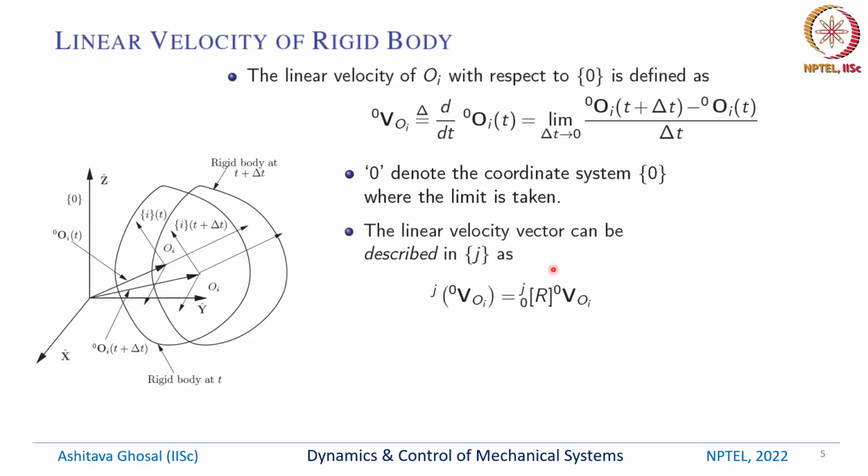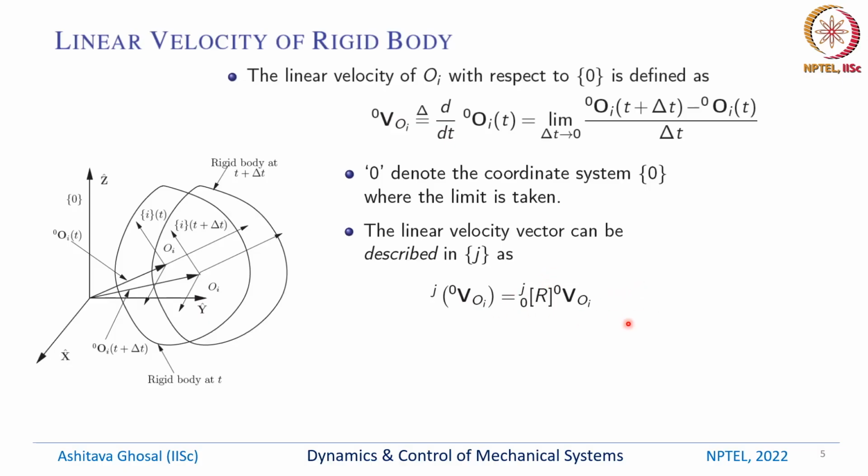The linear velocity vector can also be described in some other coordinate system. For example, if there was a j coordinate system, and I want to describe this linear velocity vector in that j coordinate system, then we can denote that vector as 0 v 0 I, but with respect to j, and what it means mathematically is that we pre-multiply this linear velocity vector with a rotation matrix which is J0R, that is, 0 with respect to the j coordinate system.